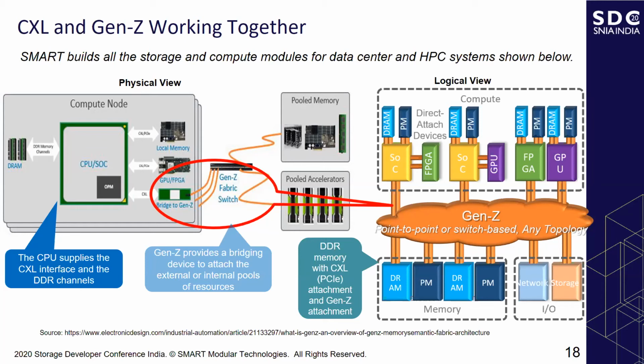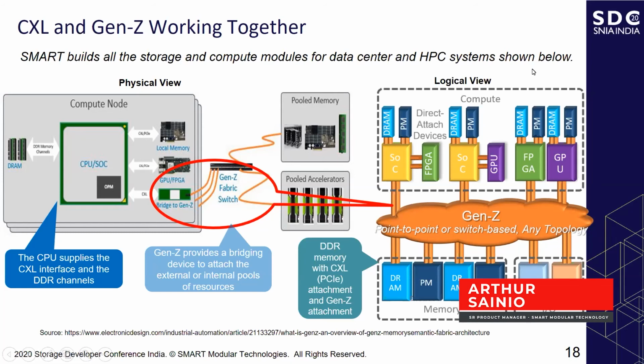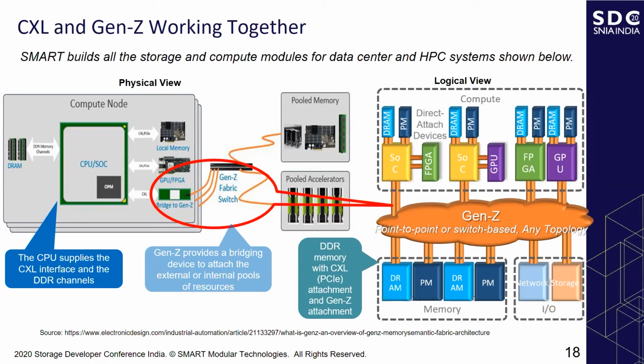Thank you, Pekan. Gen Z and the CXL consortiums established a memo of understanding that leverages the complementary aspects of both technologies. CXL and Gen Z are both memory semantic protocols that enable high-speed connectivity to processors, accelerators, and memory expansion, and they make possible low-latency sharing of memory and storage resource pools among processing elements.